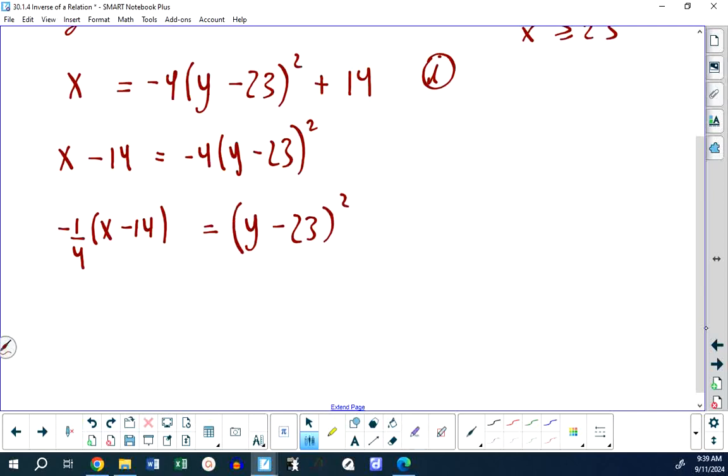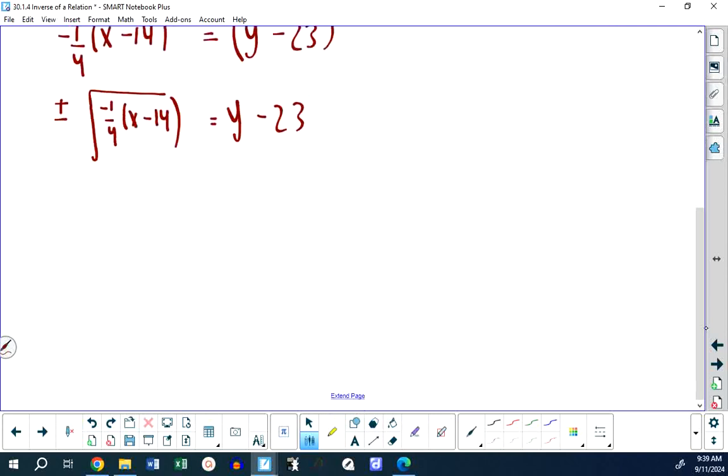I can take the square root, so I get y minus 23 is plus or minus the square root of -1/4 times x minus 14. I do see that I am going to clean this up a little bit in a second, only because I can. Now I'm going to add 23 to get y equals 23 plus or minus this thing.